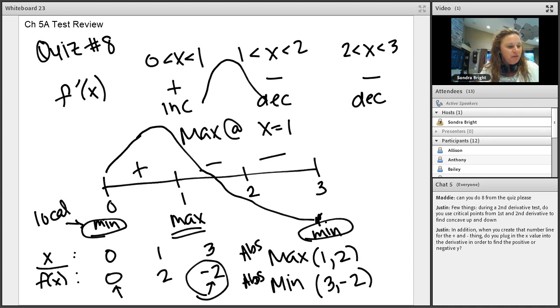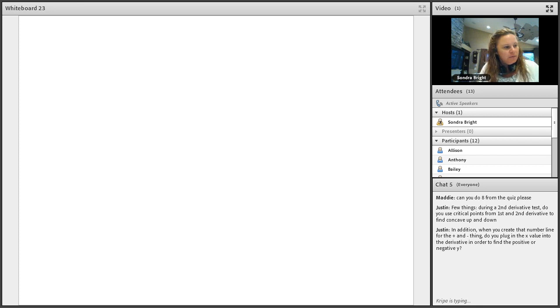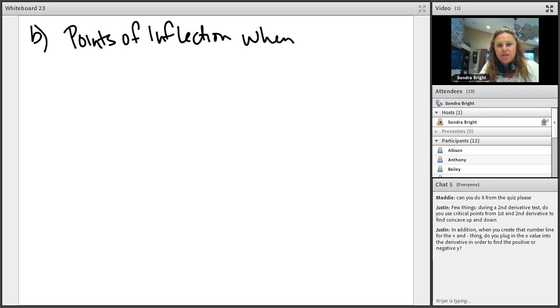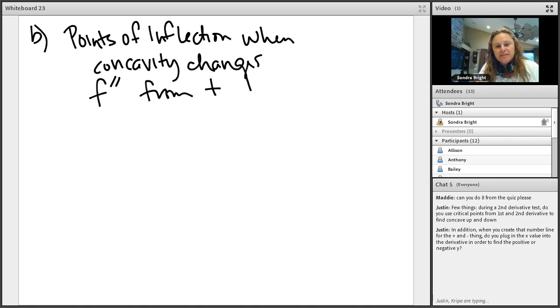Points of inflection, what you've got to do is look at the second derivative. And so points of inflection happen when the concavity changes. And the concavity changes when the second derivative goes from either positive to a negative or a negative to a positive.